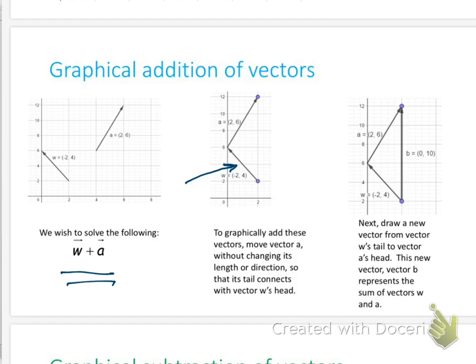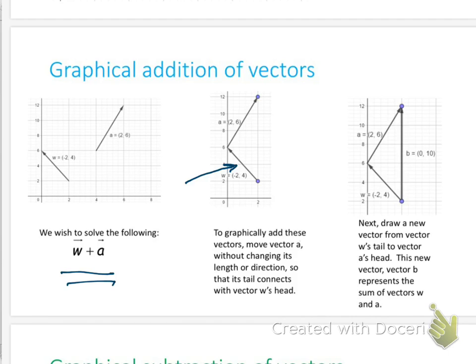To draw in vector a, I'm going to go to the head of vector w, where the arrow head is, and begin my sketch from that point, which is 0, 6. From that point, I'm going to go over 2 in the x direction and on up 6.